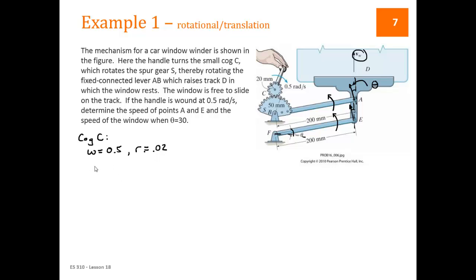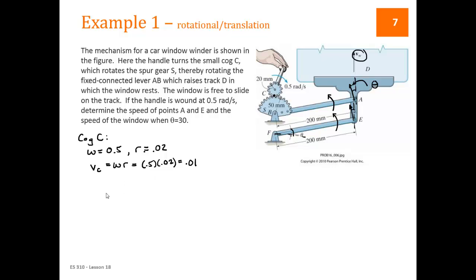So the velocity of a point on the outer surface of cog C, right, is going to equal omega times r, which is equal to 0.5 times 0.02, which is equal to 0.01. Alright, so that is the velocity of the point on the outer surface of C. Well, the outer surface of C is meshed with the outer surface of S, this spur gear. So they are going to move together because the gears are locked together.